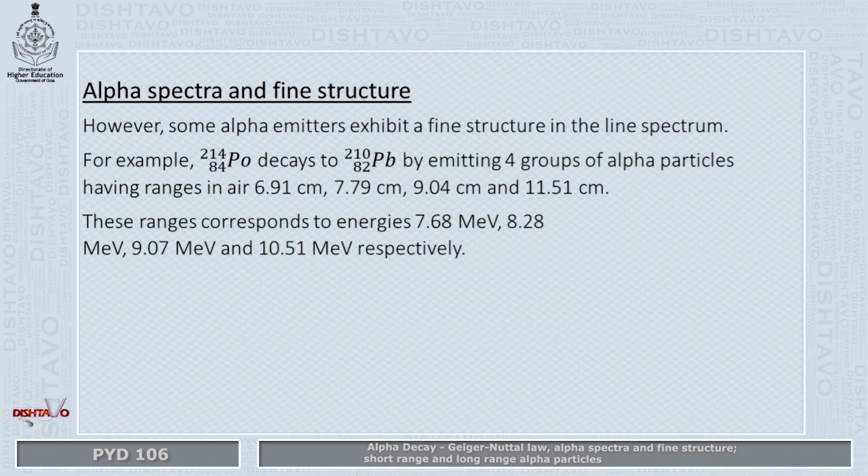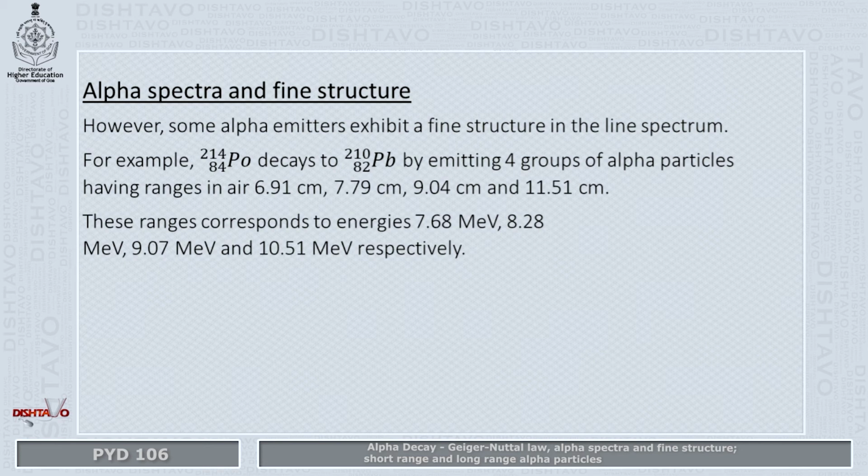Here I have an example for you of polonium getting decayed to lead. When this occurs, there are 4 groups of alpha particles having ranges of 6.91 centimeters, 7.79 centimeters, 9.04 centimeters, and 11.51 centimeters. So it shows that this decay is showing different types of ranges of the alpha particle.